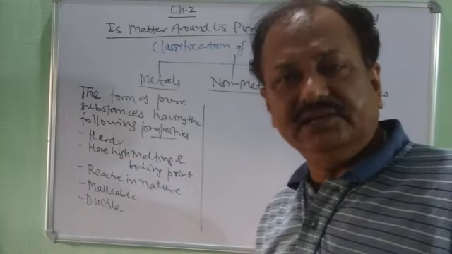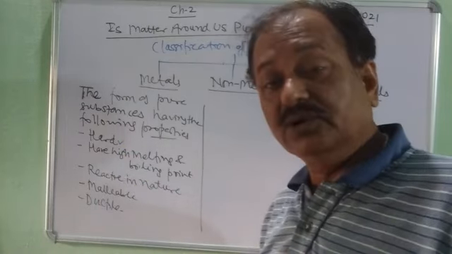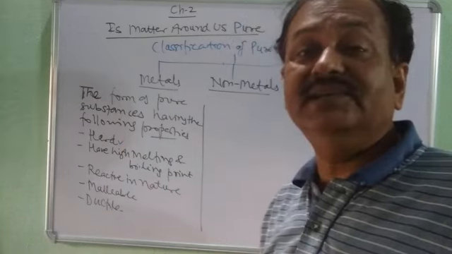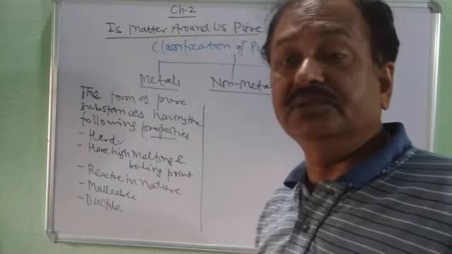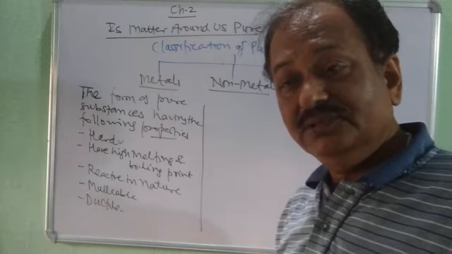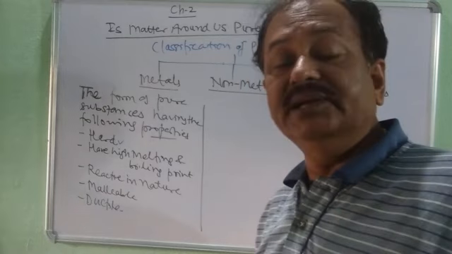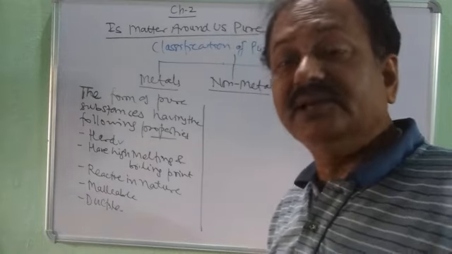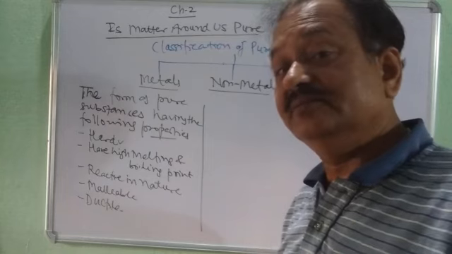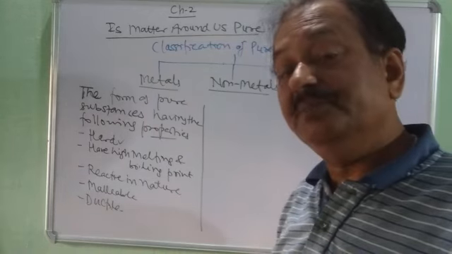So all the metals are hard. And why are metals hard? Because the force of attraction between the atoms is very strong. Why are all the utensils, mining equipments, all the vehicles made up of metals? Their main body part, engines, are made up of metals.